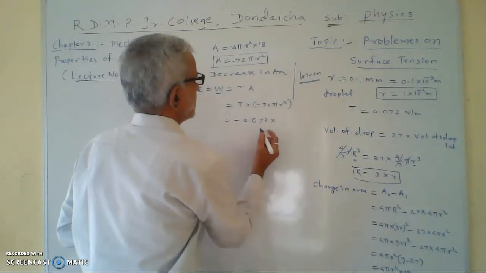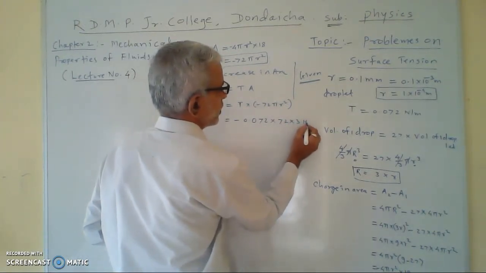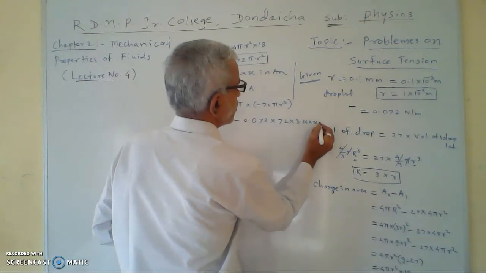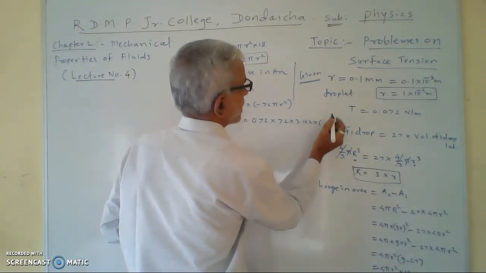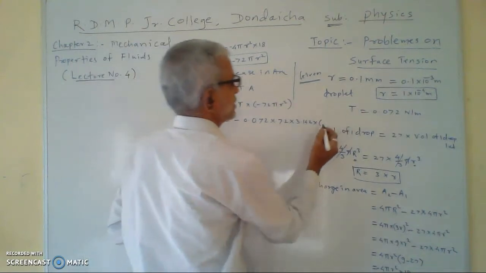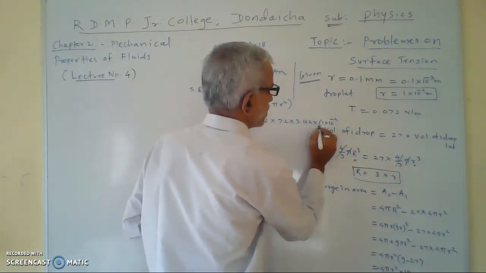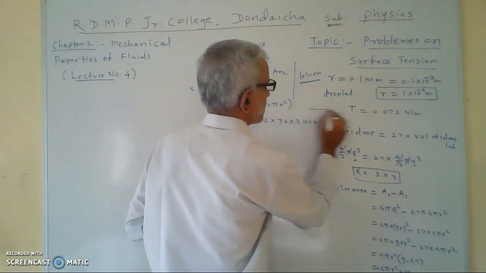0.072, then multiplied by 72, it is 3.142 into, put the value of R. What is R? R is equal to 1 into 10 raised to minus 4, and it is squared.